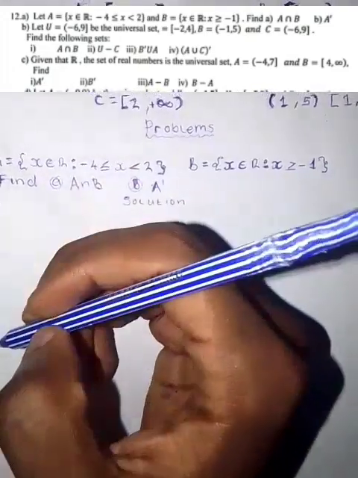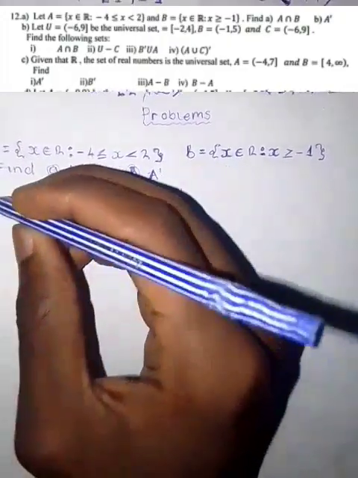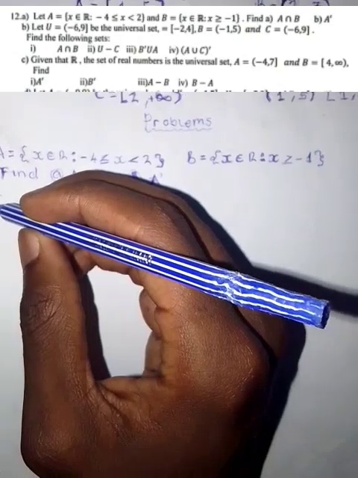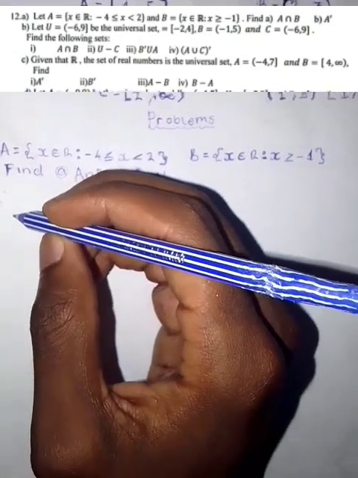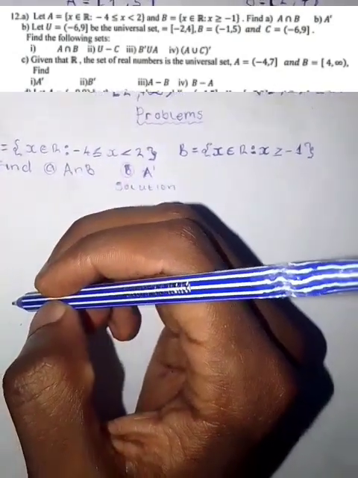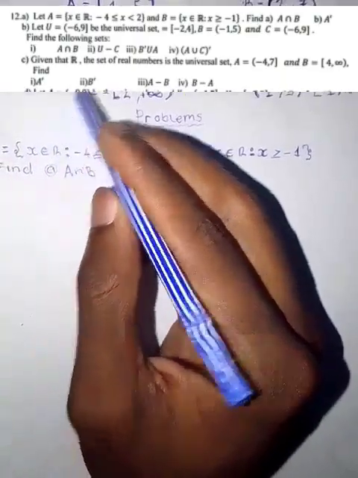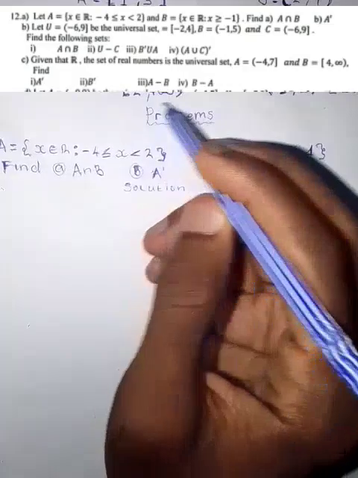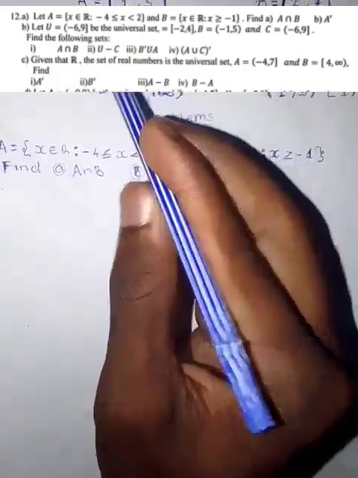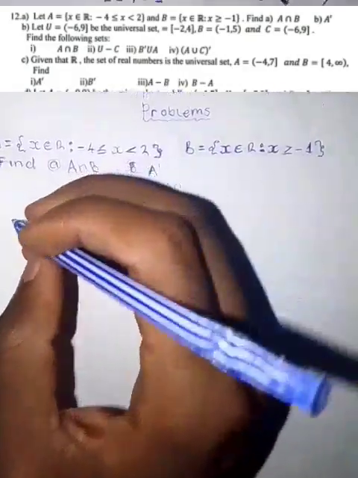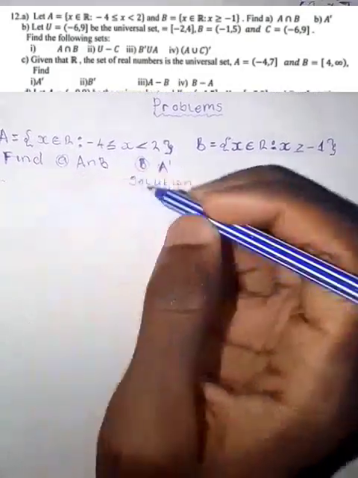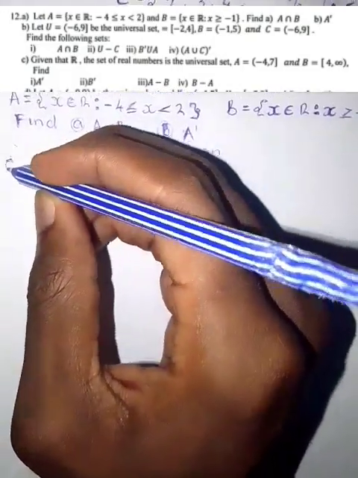So how do you convert to interval notation? If you want, you can first convert it to roster notation, then take it to interval notation, or you can just convert directly to interval notation, since it is in set builder notation.